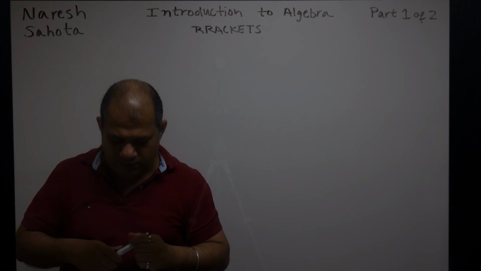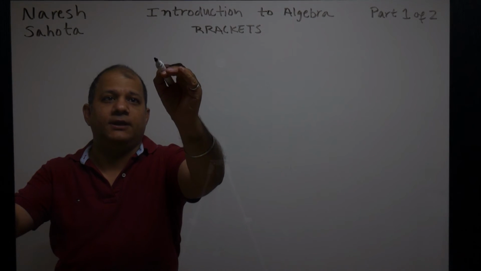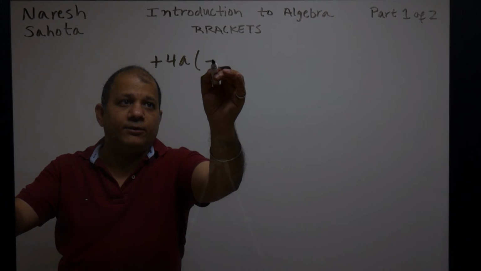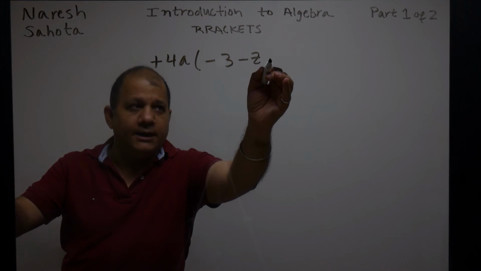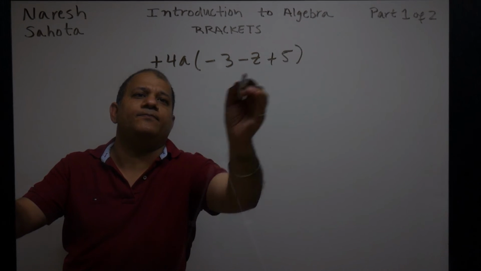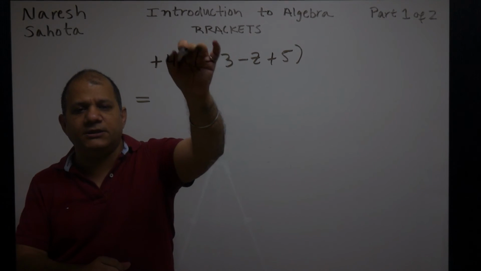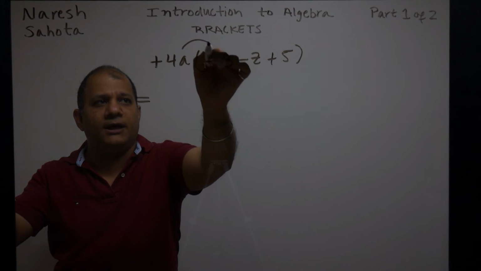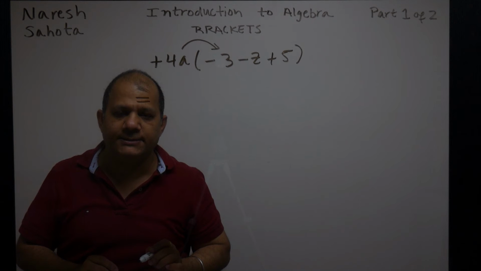So now let's do a question like this. Positive 4a, we're multiplying with (negative 3, negative z, and a plus 5). So remove brackets. Here we have positive 4a as the factor, and it's being multiplied with each and every term inside the bracket.